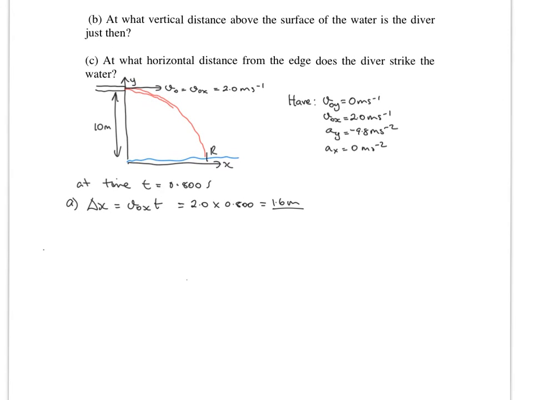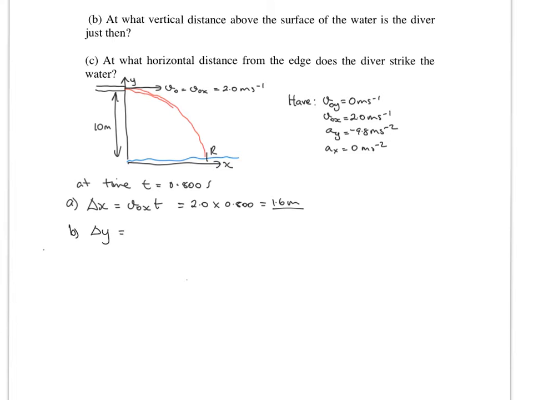Question B is asking us to find what his vertical component, or where is he vertically in his trajectory according to this coordinate system. Well, we have to use a different equation for the position for this case. Remember, we can break up our parabolic motion into motion in the x, motion in the y.